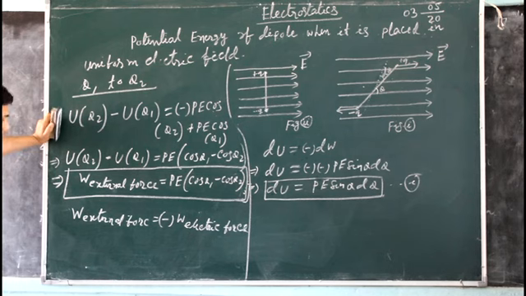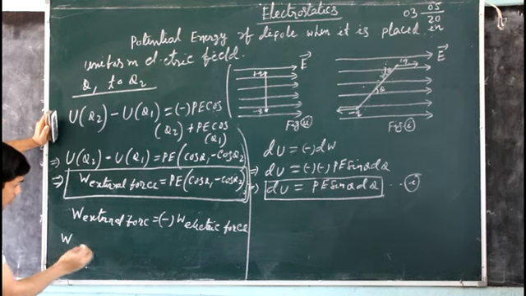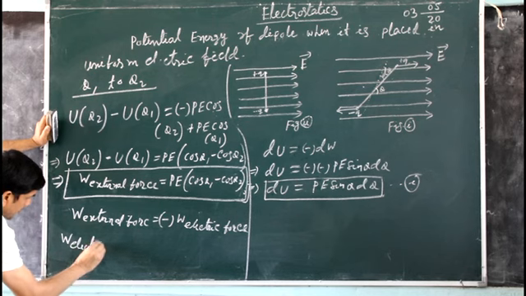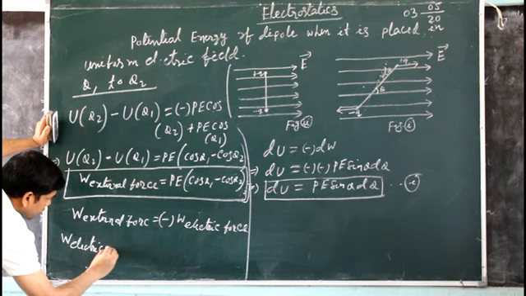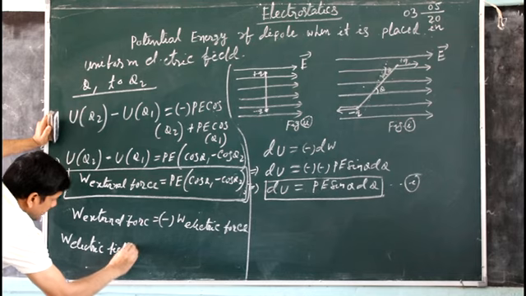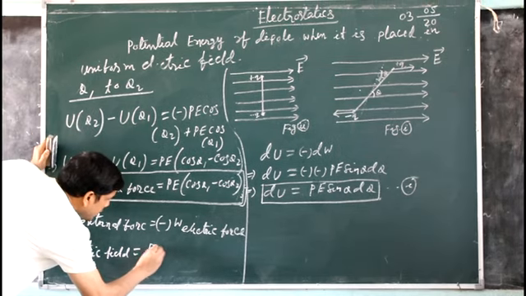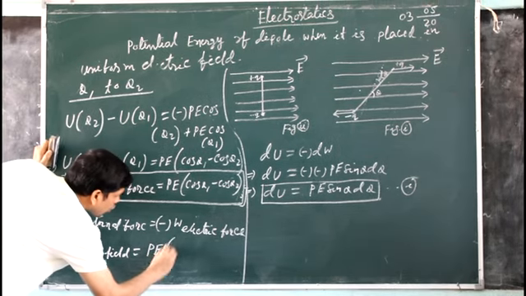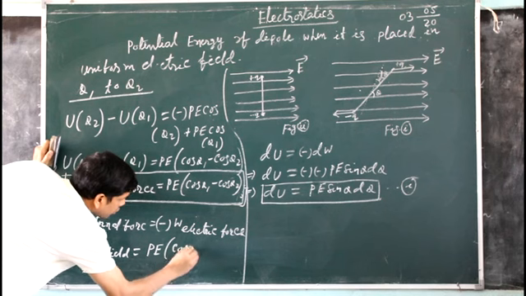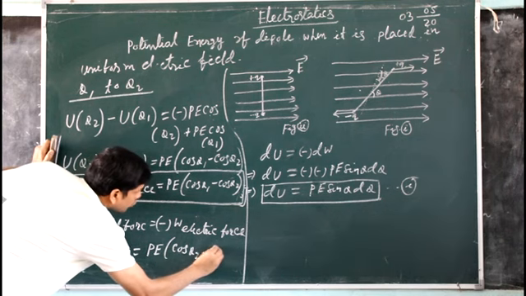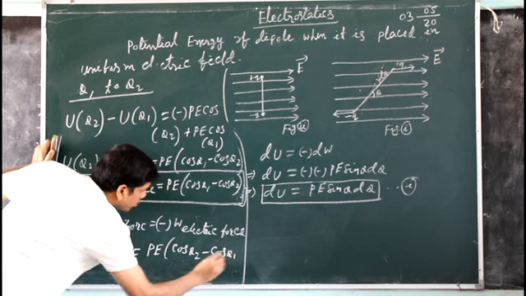So the work done on a dipole due to the electric field is equal to PE cos theta 2 minus cos theta 1.